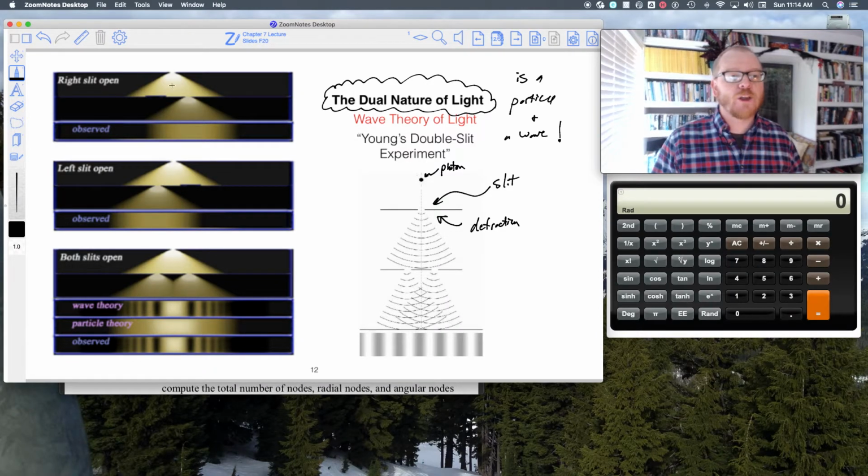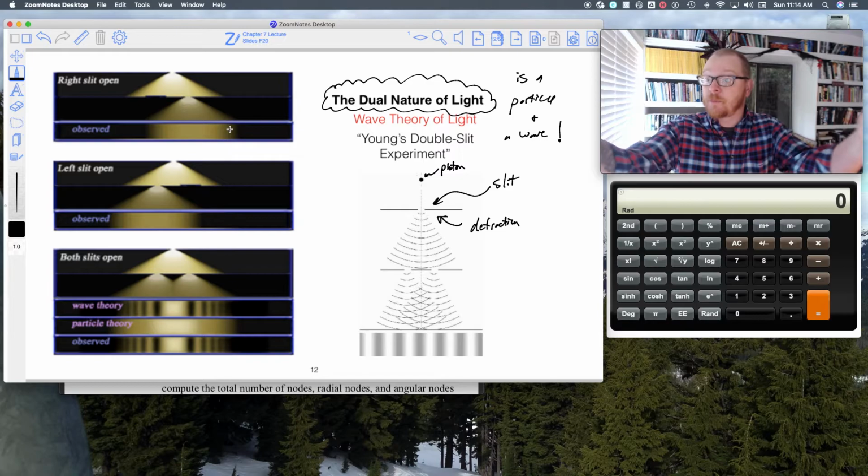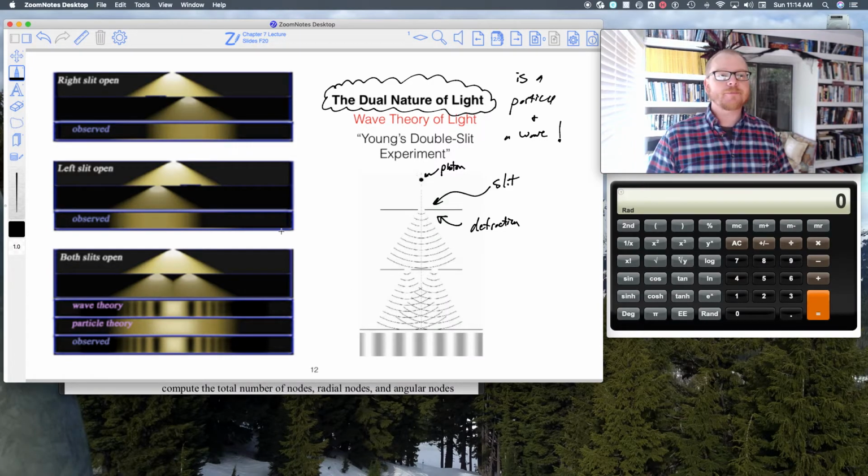Suppose we have a beam of light coming through, so we can see it diffracting. If we just had one slit open, we would just observe a whole spread out mess of light. If you have the right slit open, you get this; if you have the left slit open, you get the same thing.